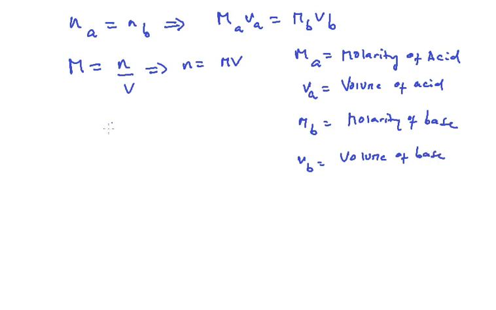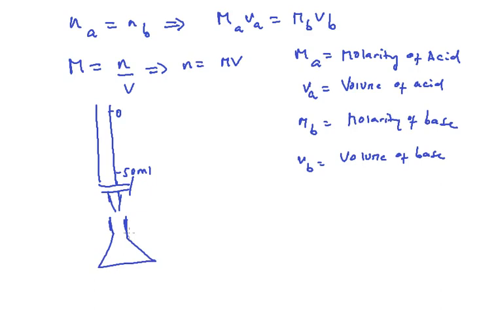So we basically have a burette. Remember, a burette looks like this, and a burette has its own something called stopcock, and a burette is also calibrated. There are numbers. Most burettes start from 0 up to 50 milliliter, and here you have a flask, mostly a flask of 25 milliliter or 50 milliliter.